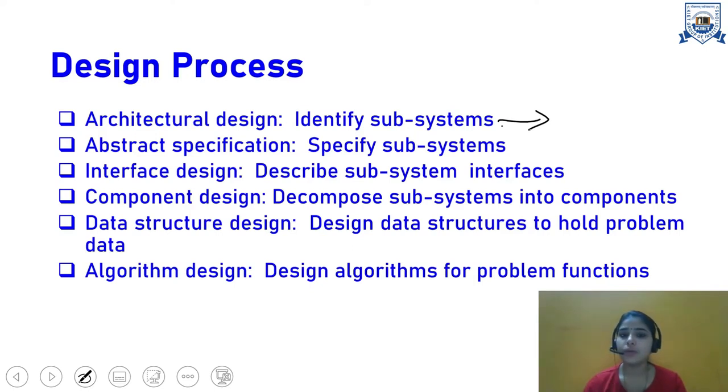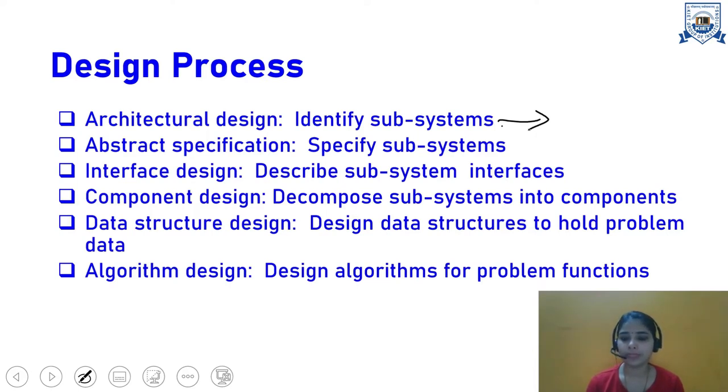For component design, the subsystem is divided into small components that can be easily developed. What data structure is suitable for the problem, we will decide in the data structure designing. In the algorithm designing, we will develop an algorithm for problem solving.